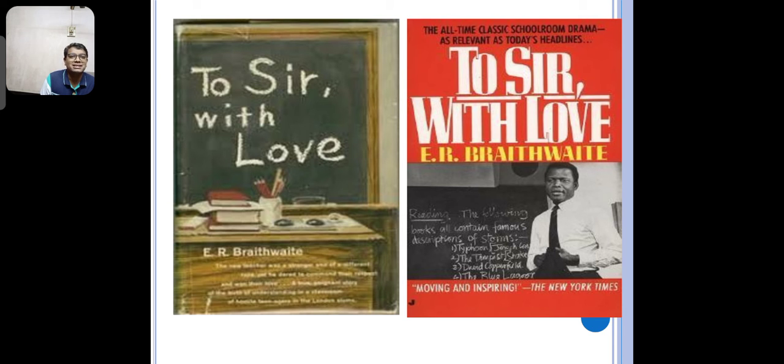All these things are greatly narrated in this novel, To Serve with Love. The cover page gives a clear idea about the nature of the novel, and therefore it is very symbolic.